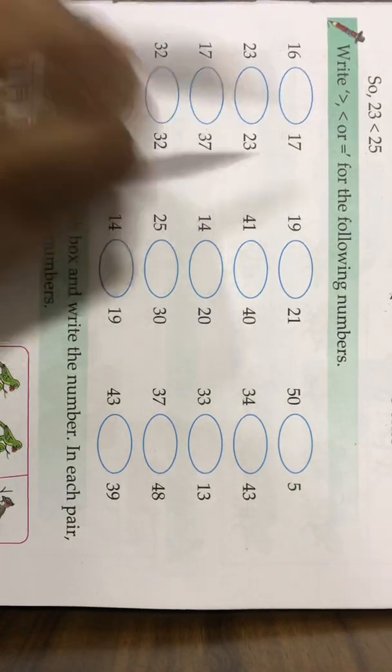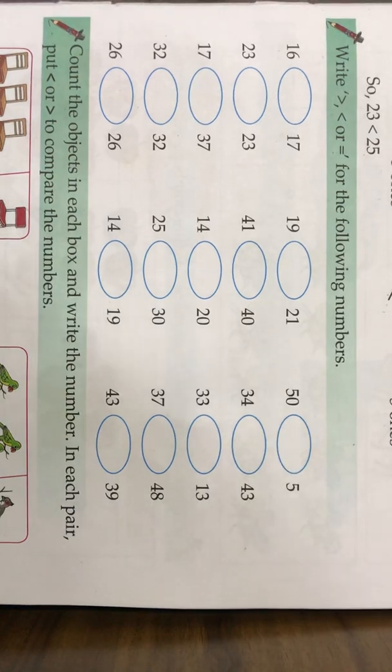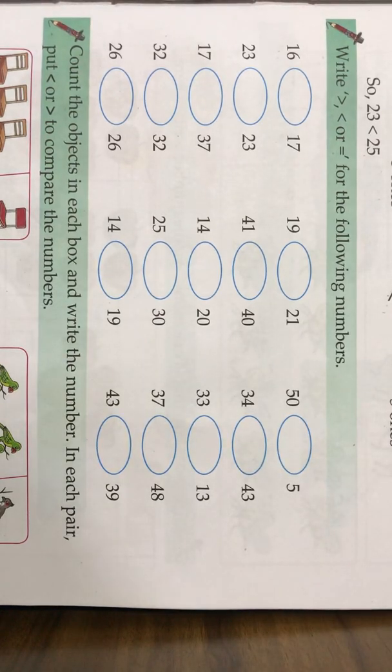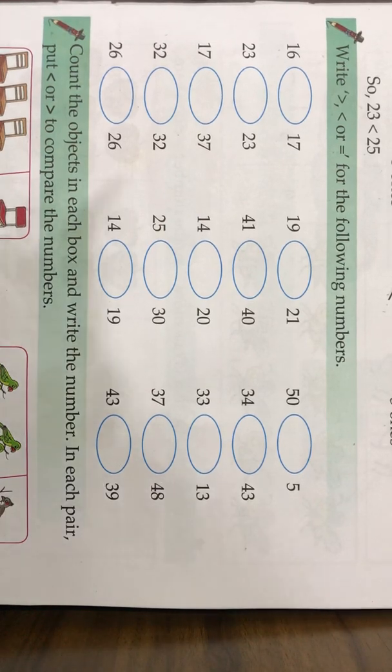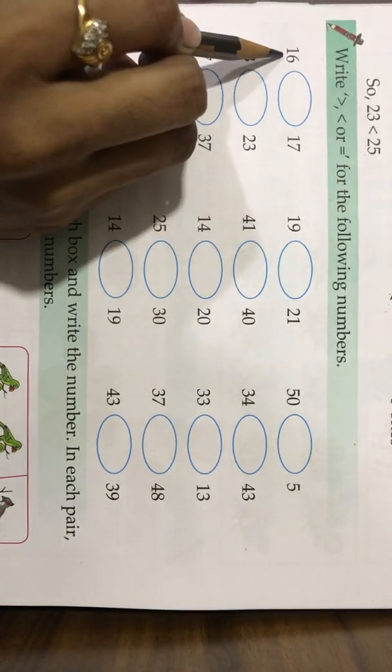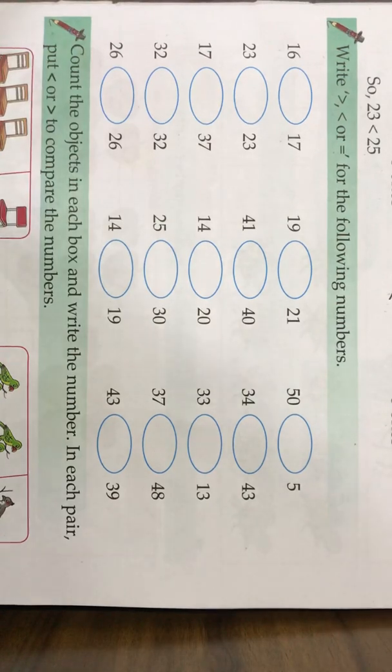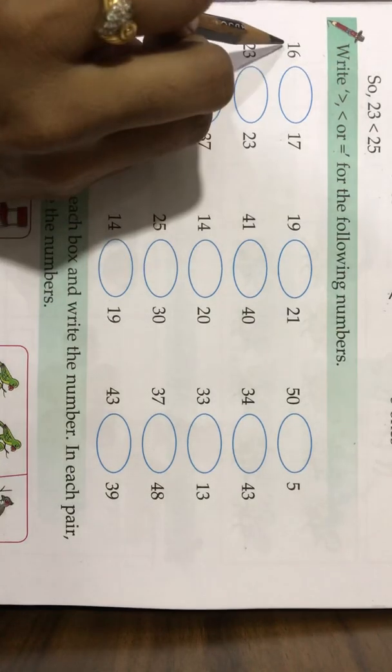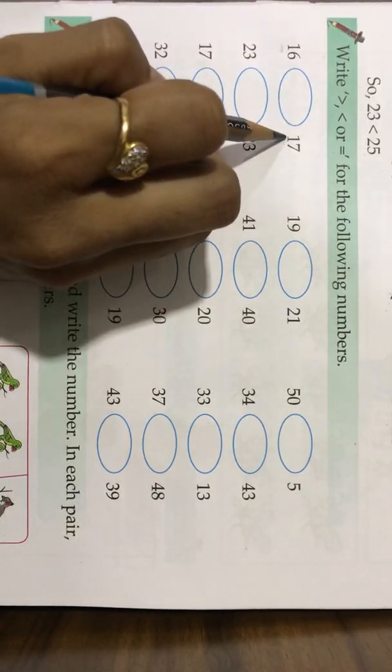16, 17. Children, remember, when there are two-digit numbers, we will compare the tens place first and then we will compare the ones place. Here 16 and 17. So let's check the first digit, that means tens place. 1 ten and 1 ten.